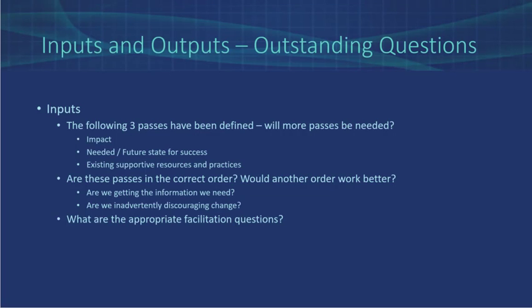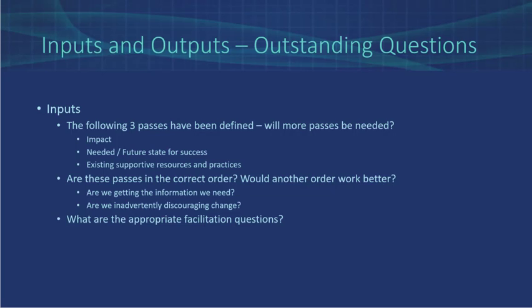A significant amount of work is needed regarding inputs and outputs. First, 3 passes have been defined: impact, what's needed, and what's available. The question is, will more passes be needed? Second, are these passes in the right order?